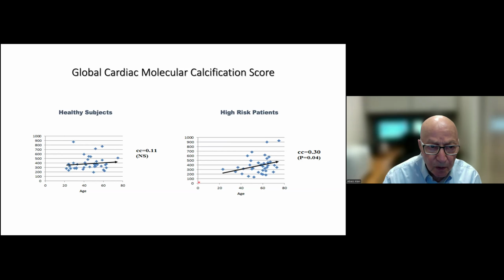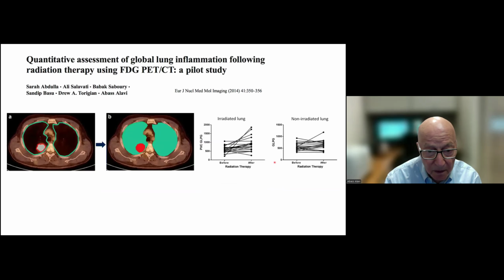This is just showing you global classifications in healthy subjects versus high-risk patients, and that clearly shows that we are looking at evidence for molecular classification very early on in these patients.